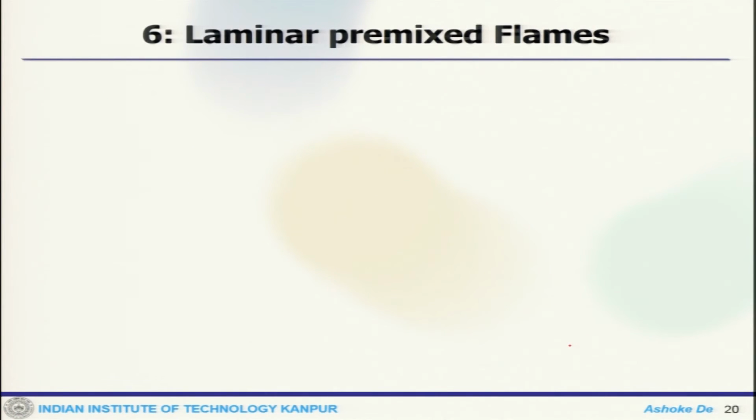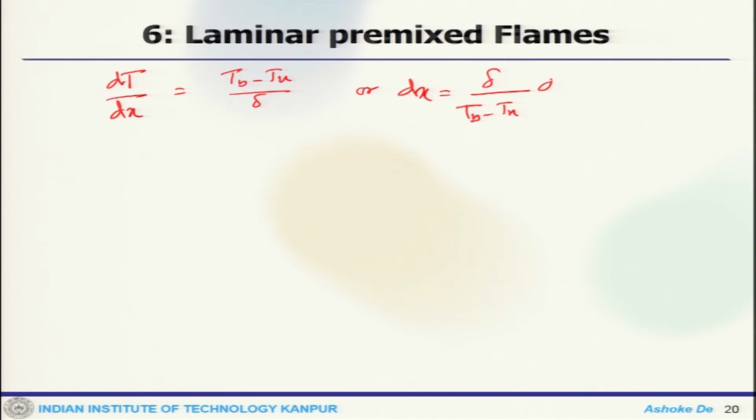So, dT/dx was (Tb minus Tu) by delta, or dx is delta by (Tb minus Tu) dT. Now, we switch these things.